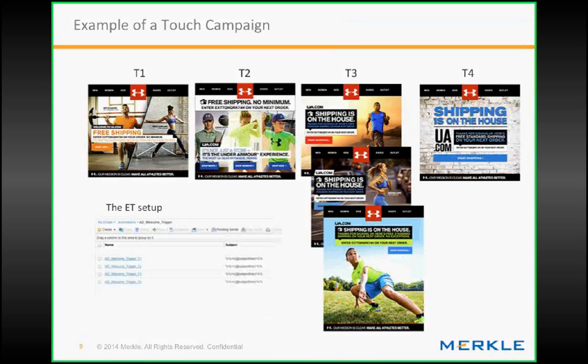So if touch 3 has several versions, if they don't look alike, are they called a series? It would all be associated with how we would set it up.